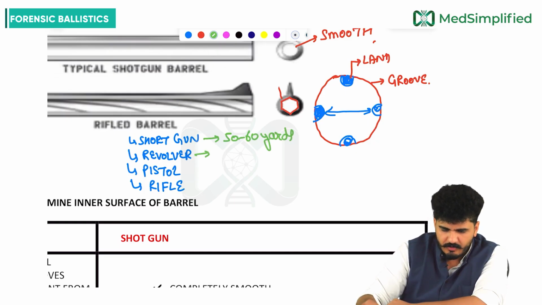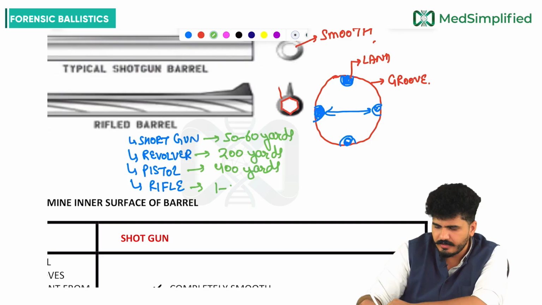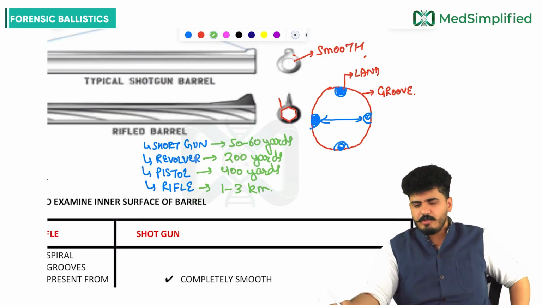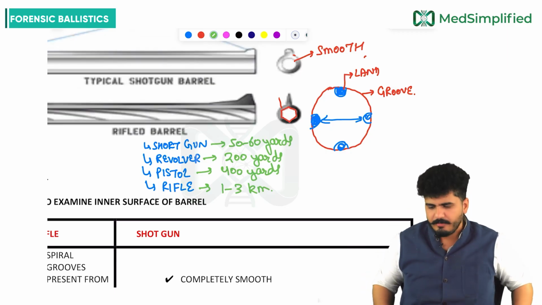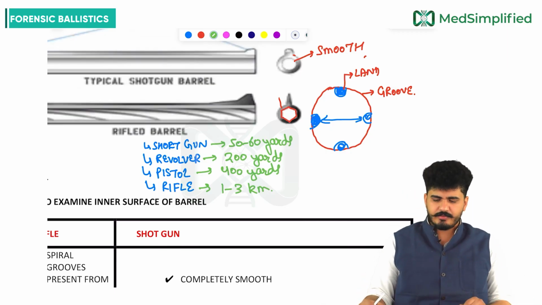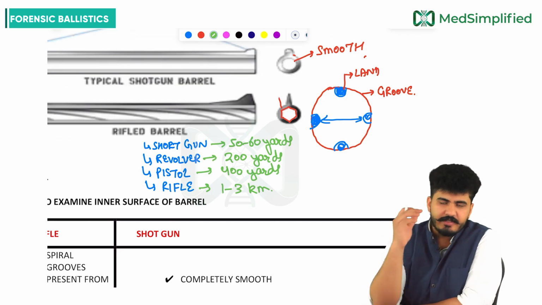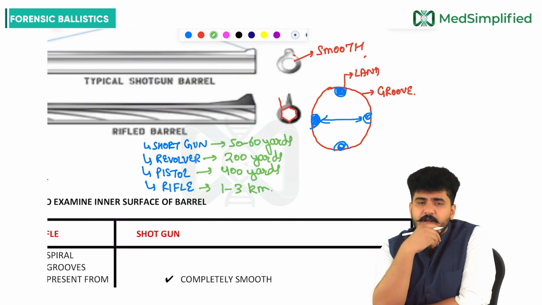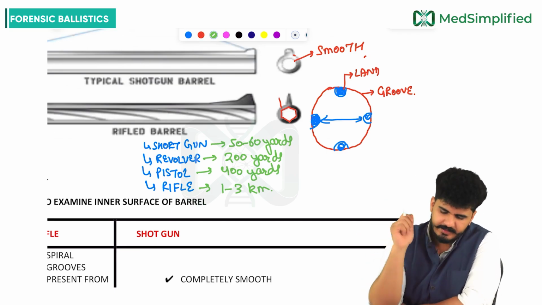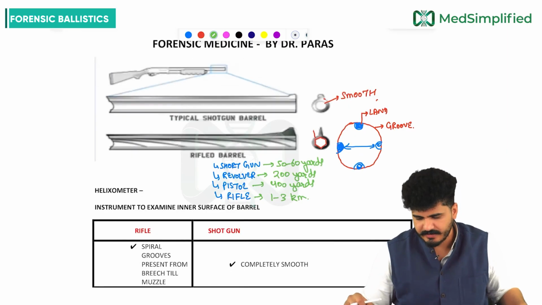The revolver range is 200 yards. The pistol range is 400 yards. The rifle range is 1 to 3 kilometers, depending on which rifle you are using. Again, shotgun 50 to 60, revolver 200, pistol 400, and rifle 1 to 3 kilometers, my dear friends.